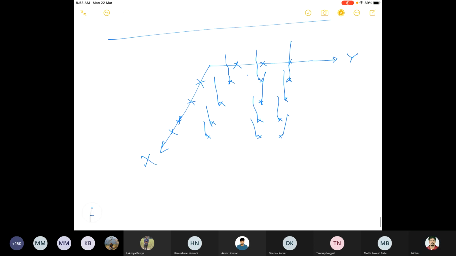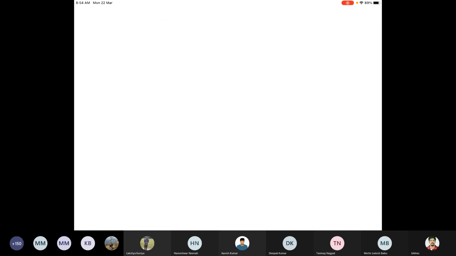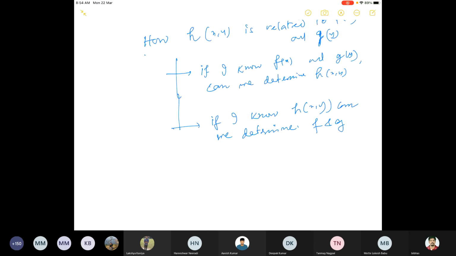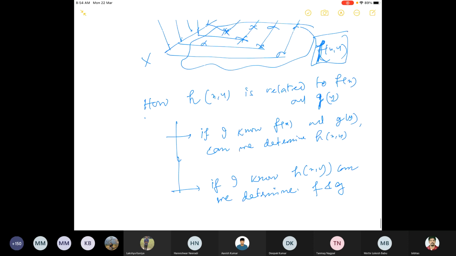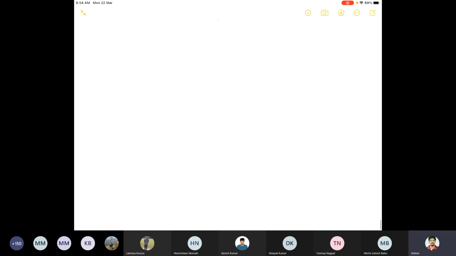Suppose my original variable measures height, and this measures weight of the same person.